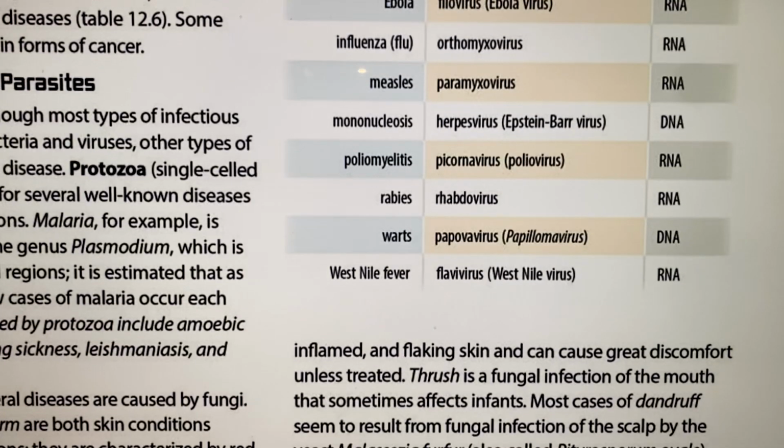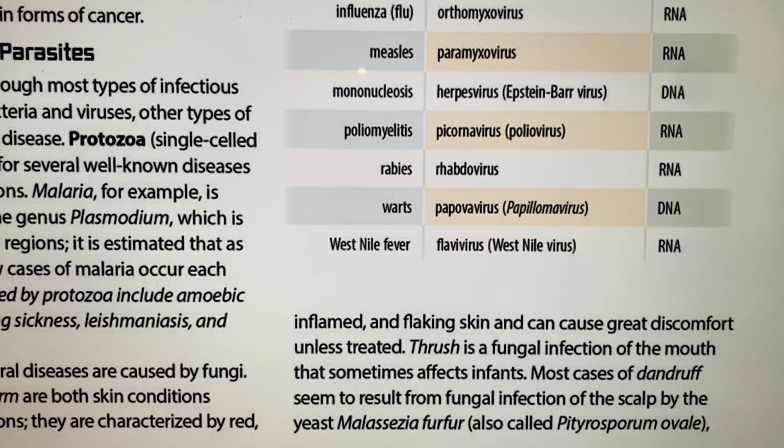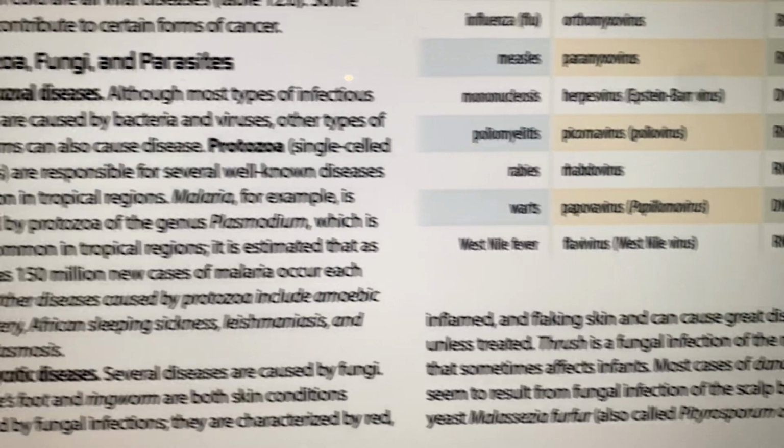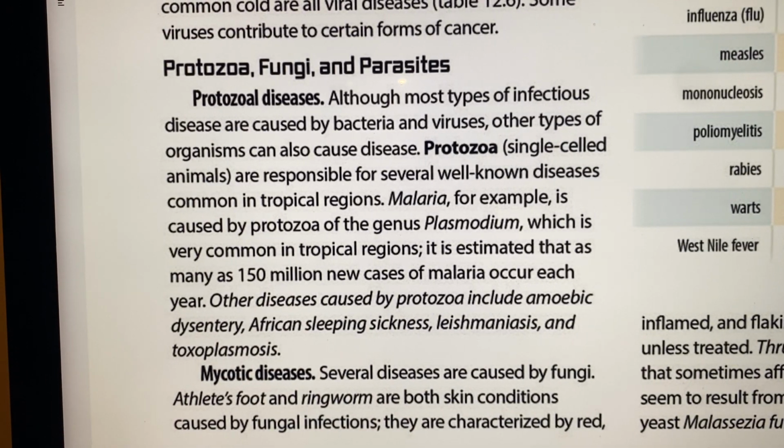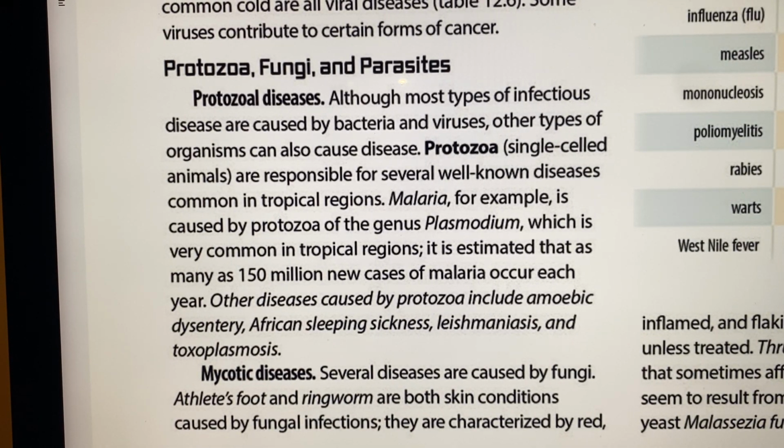So now let's go here. We're going to talk about the mycotic diseases. The fungus, which is athlete's foot, ringworm, comes from a fungus, and it gives you skin conditions of red, flaky skin.